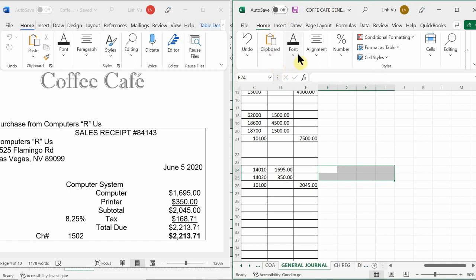Expense. It's expense. No. We already established that this is going to be included in the price of the fixed asset, right? So how do I distribute my tax?